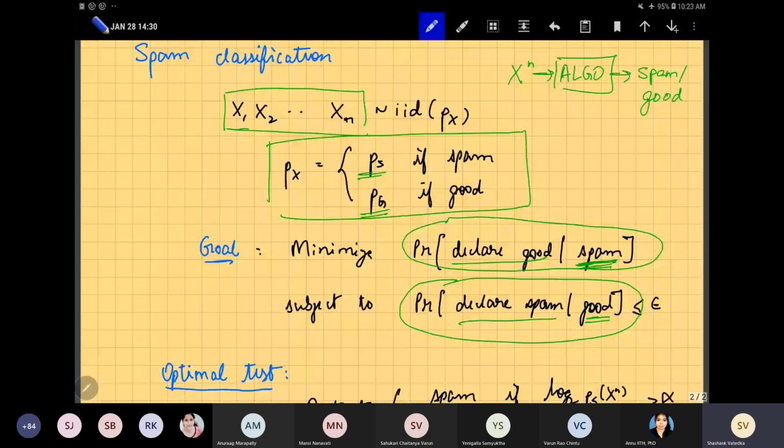So this probability should be as small as possible. Can you think of one particular solution? Can I make this 0? So this probability is P1. Can I make the probability of 1 to be equal to 0?